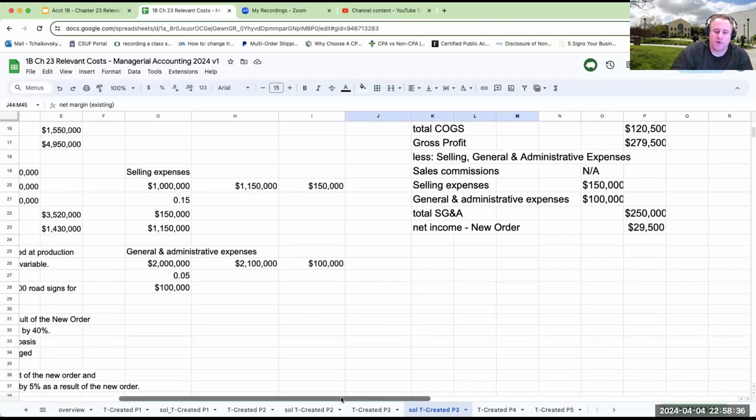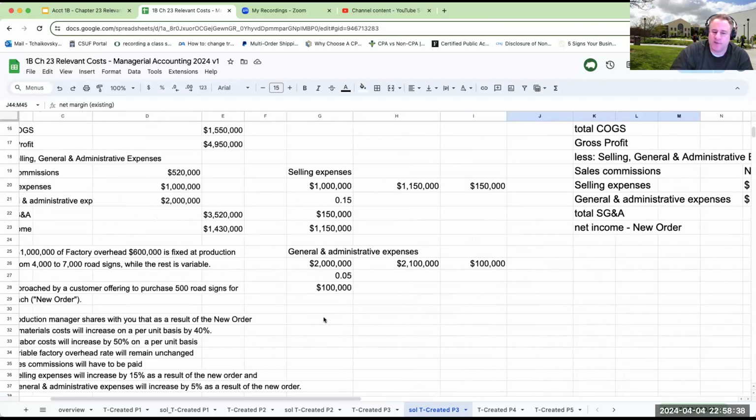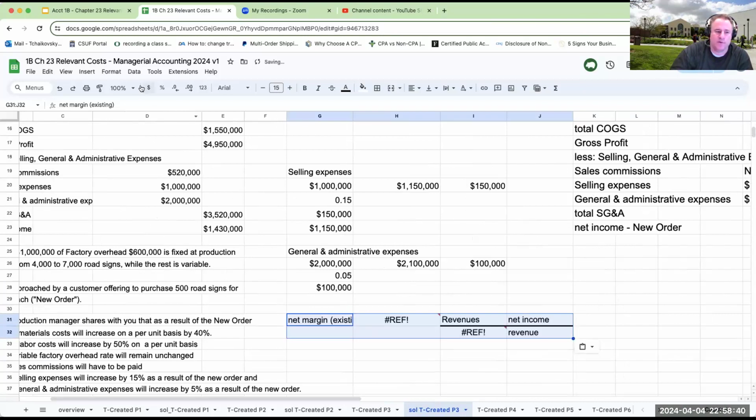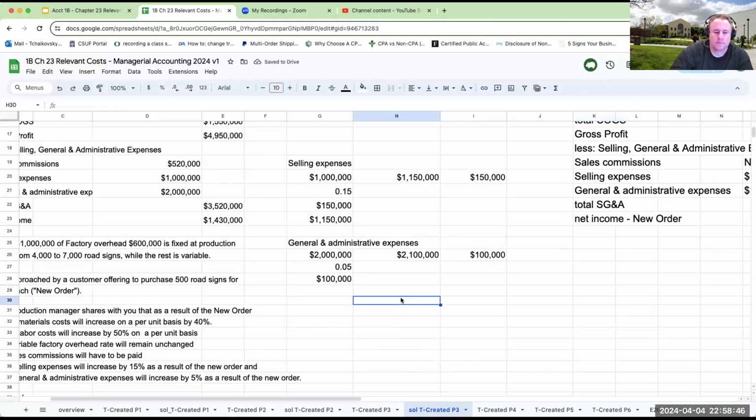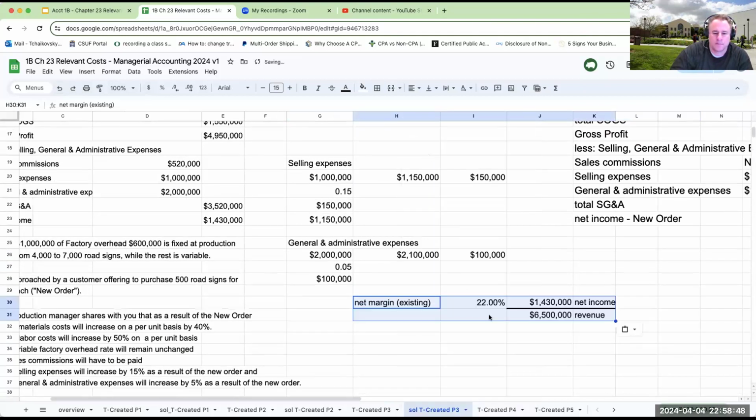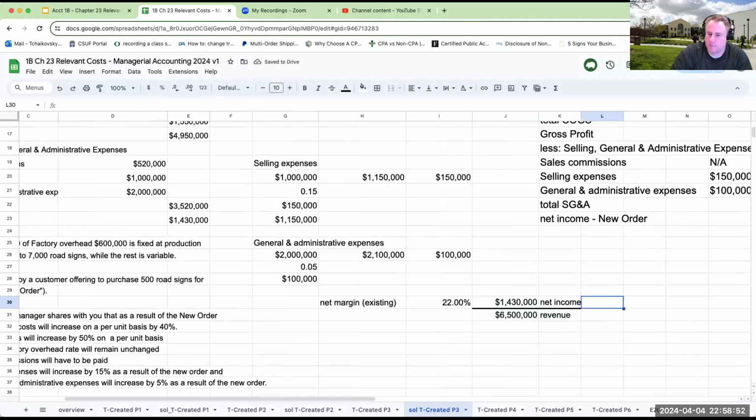The net margin for our existing business was 22%. So this was the net margin of our existing business. The net margin of the new order, right?